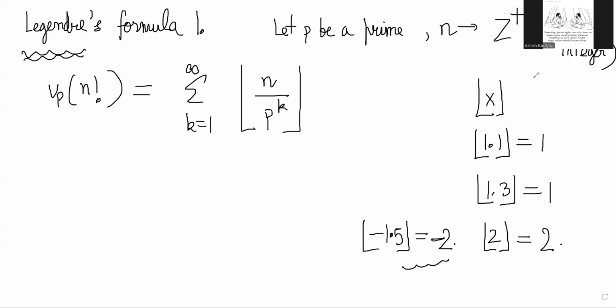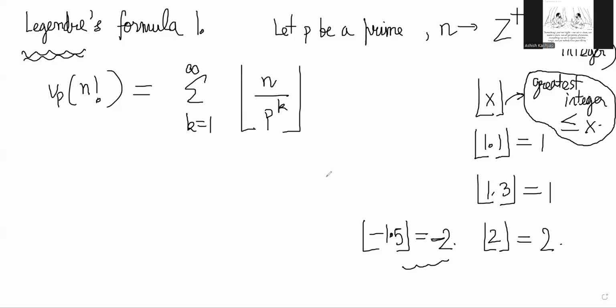So the idea is that this always gives us the greatest integer which is less than or equal to x. You will get the biggest possible integer which is smaller than or equal to itself. So here the biggest possible integer smaller than -1.5 is -2.